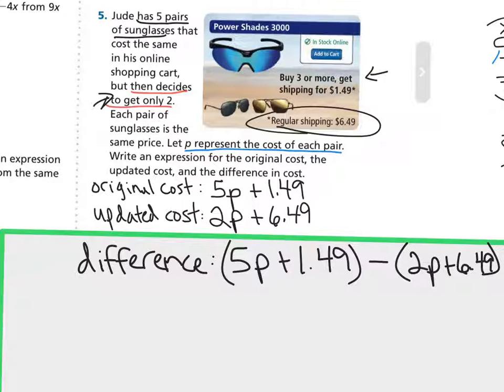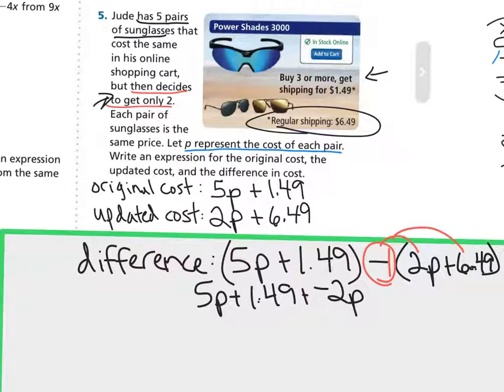You might try to get around this, but this might be our best bet, actually doing it this way. If you want to put a 1 here, you distribute the -1. We got 5P plus 1.49. This would be -2P. -1 times 6.49 would be -6.49.